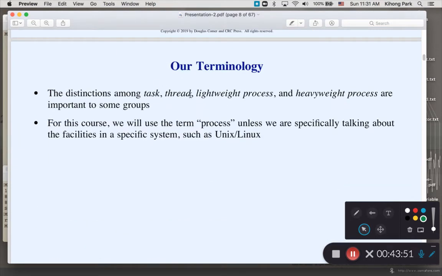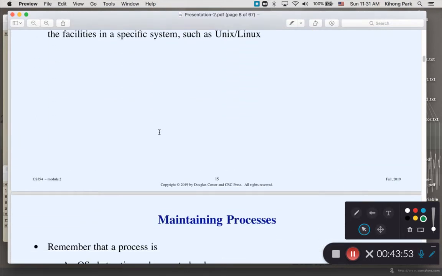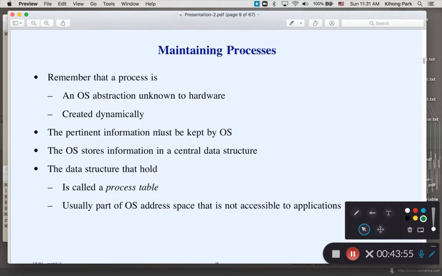So task, thread, lightweight process, maintaining processes. It's principally known to the OS, but hardware has dependence on a notion of thread in today's architectures.